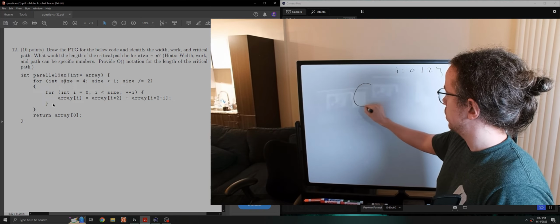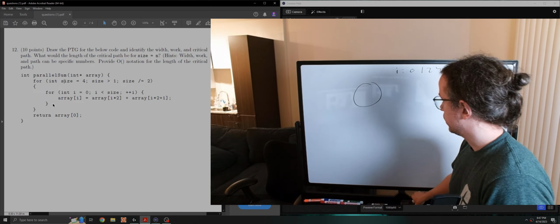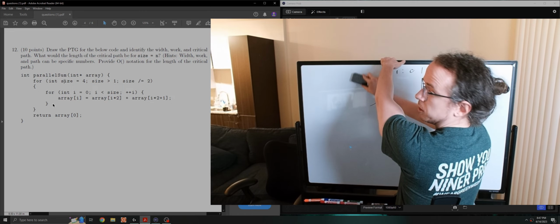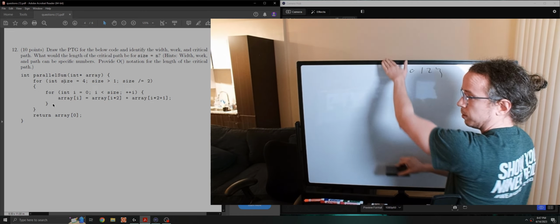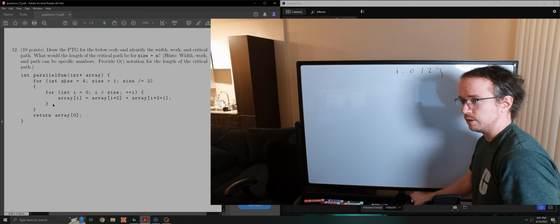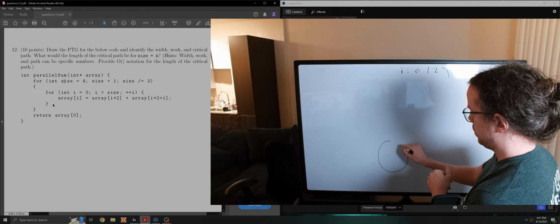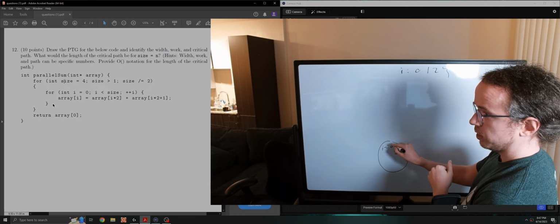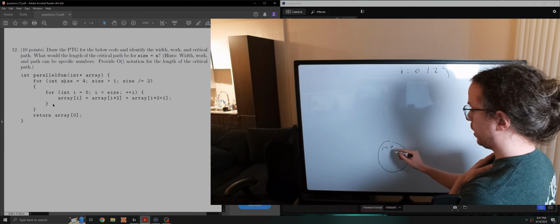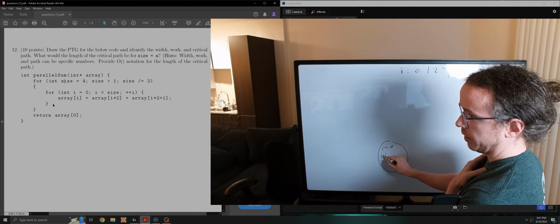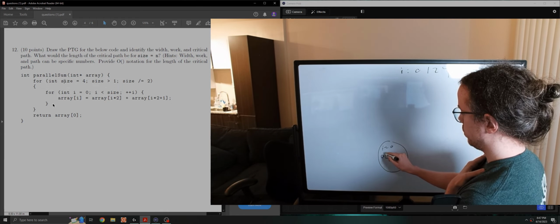The first task, actually, let me draw this in a way that's more familiar because we have done a similar problem in class. You may just not have recognized it. So I equals 0. What data do we access? We access array. I'm just going to write A for brevity.